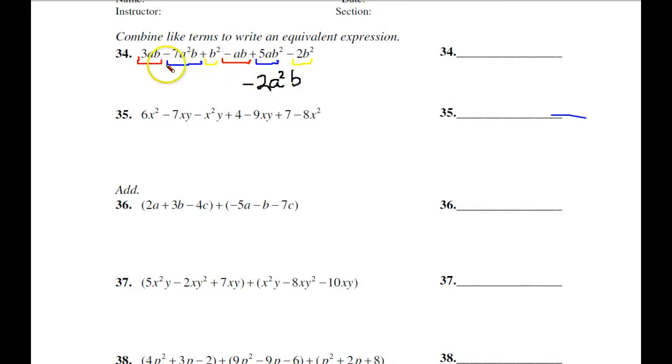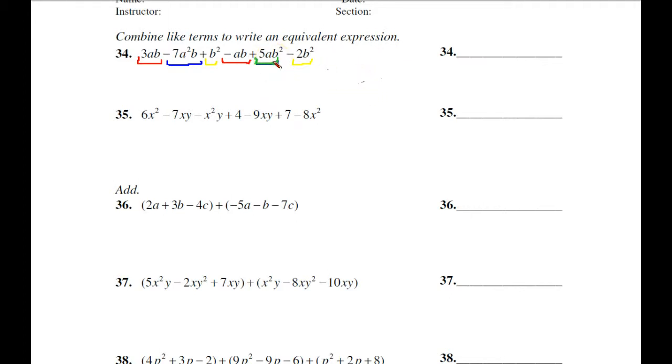And then now we have something in red. So we have 3 of these, and a -1 of those leave us with a positive 2ab. And then our yellows, we have a positive 1 of these, negative 2, leaves us with a negative b squared. And notice we don't write the ones usually.